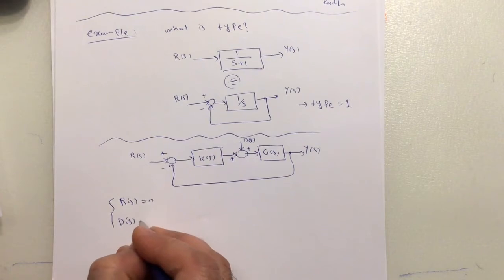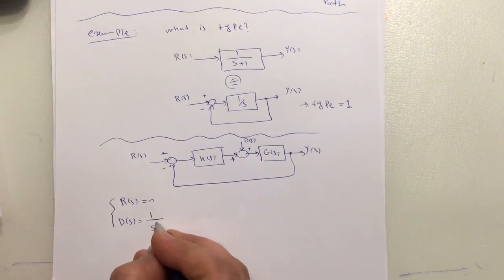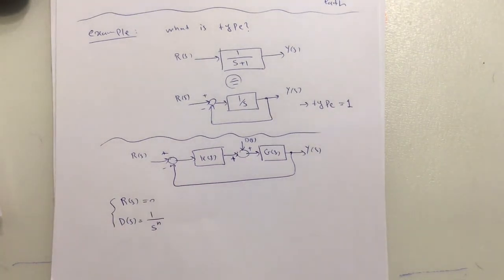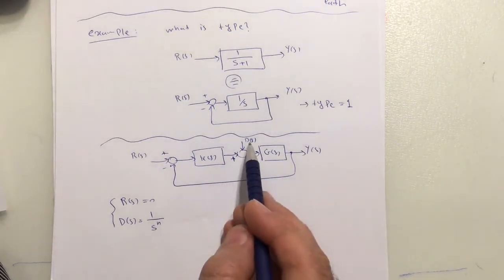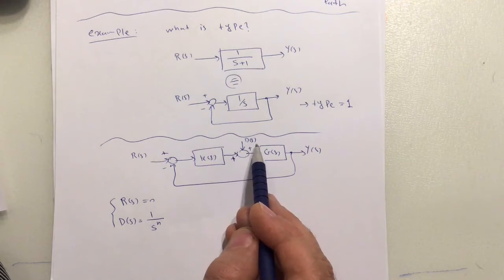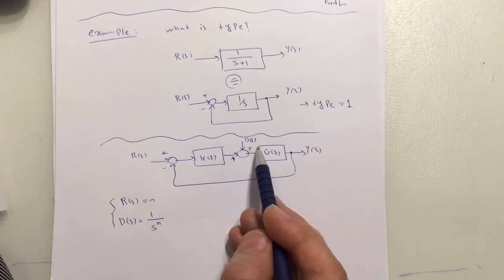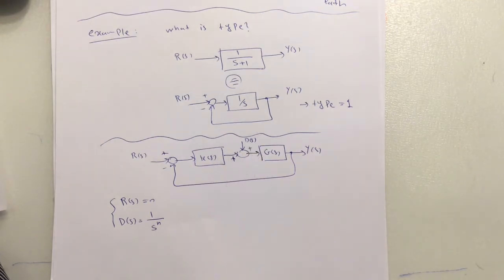and D of S is in the form of 1 over S to power n, which means that if D of S is 1 over S, you have a disturbance which is a step. What this step means, for example, in the example I gave you about the frequency in the power grid, is that one big factory switches off or switches on.